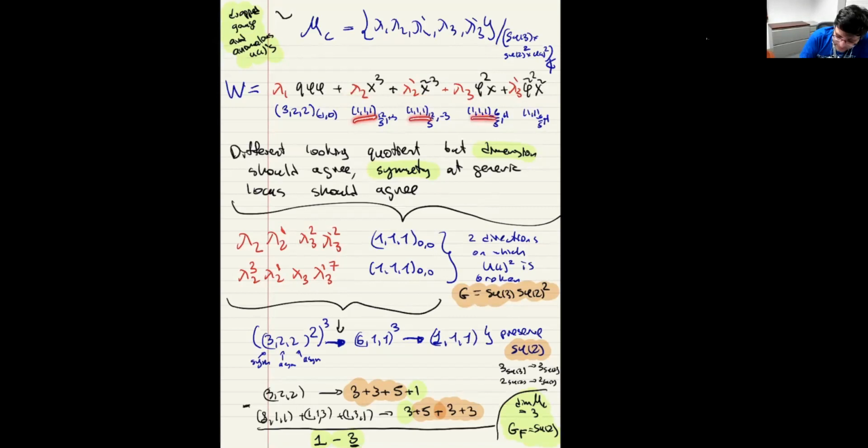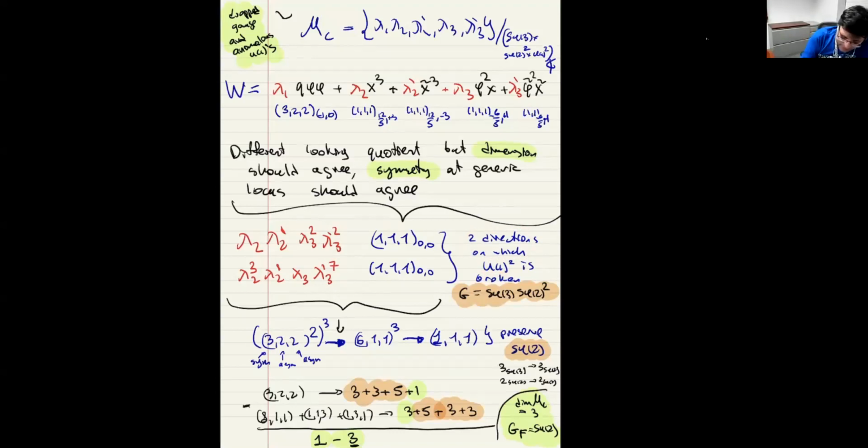These couplings are singlets under the non-abelian symmetries. They are only charged under the 2 U1s. So you can easily convince yourself that there are only 2 independent invariants that you can build from all these couplings. They are written here. So this defines for you a 2-dimensional conformal manifold on which the 2 U1 symmetries are broken, but the non-abelian SU3 times SU2 times SU2 symmetries are not broken.